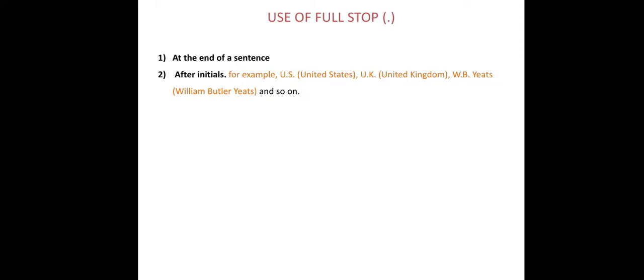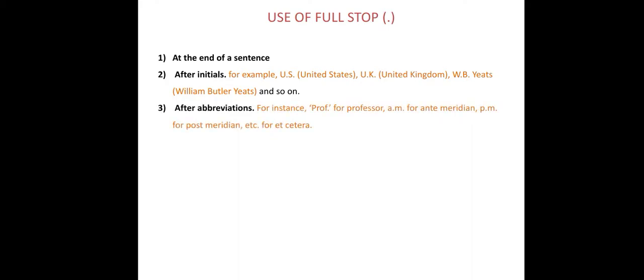It's quite common. We also use it after initials, like if we write anything in short, at that time we write it in capital letters and after that we give the full stop. Abbreviations, there also we give a full stop. At the end of commands, meaning imperative sentences, we also end with a full stop.